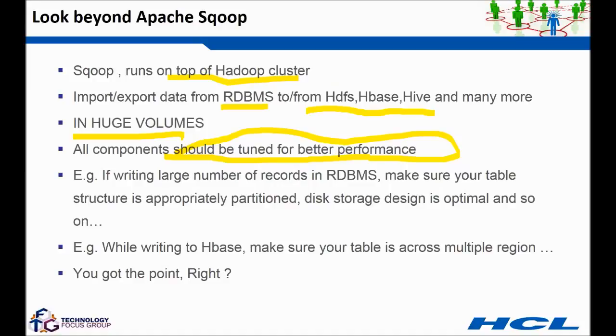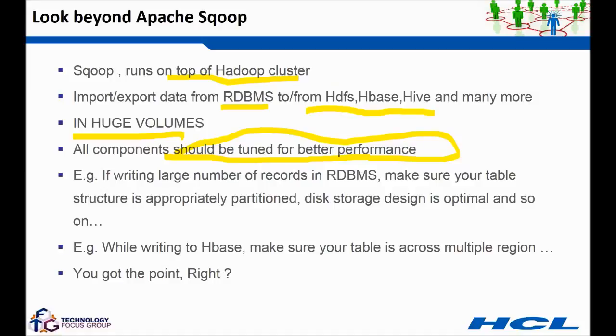For example, if I am writing a large number of records to an RDBMS, I have to ensure that my RDBMS table is designed to handle those concurrent writes at that volume. If my RDBMS itself is a bottleneck, then no matter how much tuning I do at my Sqoop level, the export is not going to happen at a faster rate.